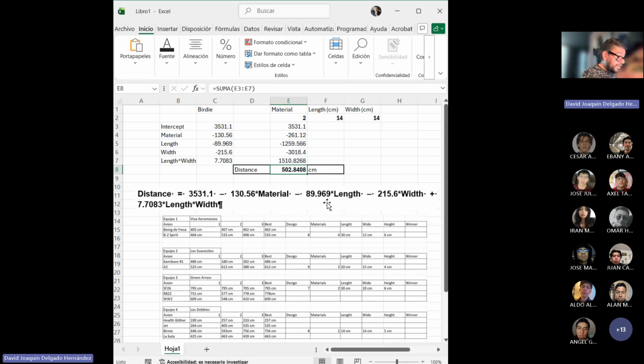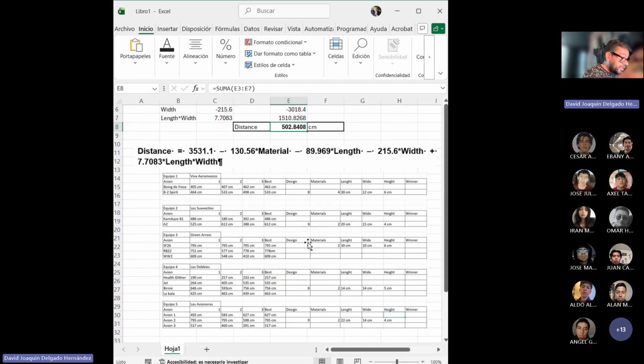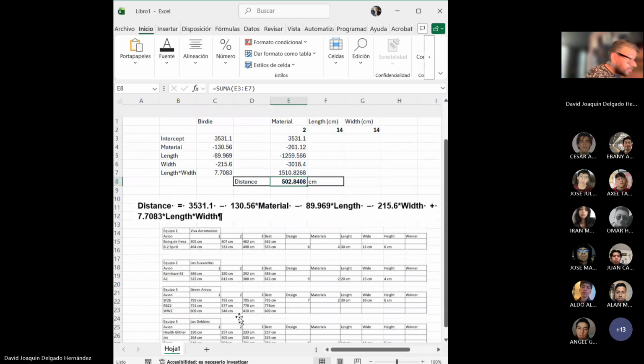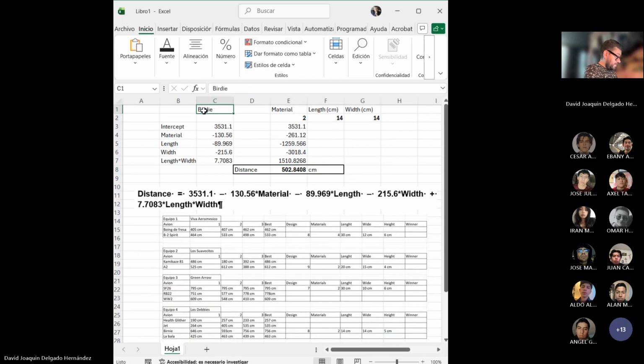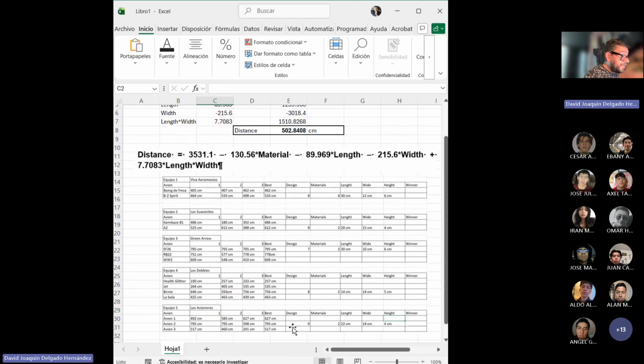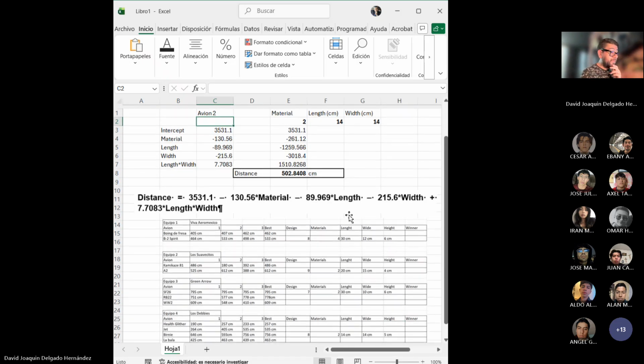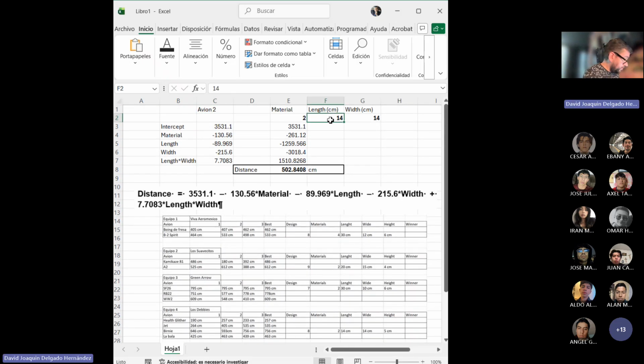And finally, let us see the last team. The airplane was Avión 2. And the input data, the independent variables, are material 2, length 22, and width 14. The predicted distance is 646 centimeters, okay?